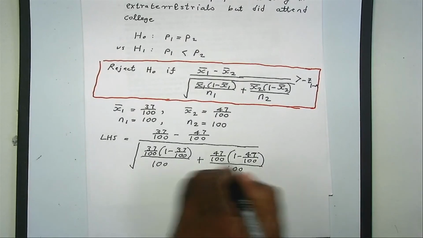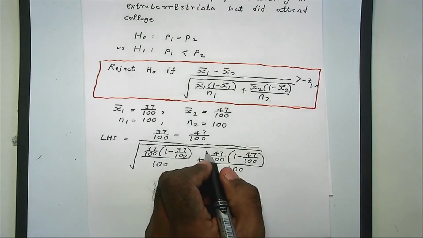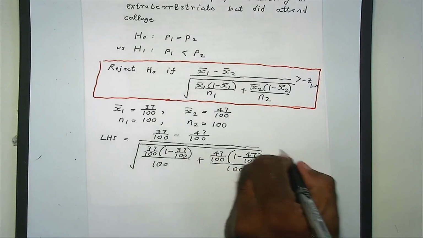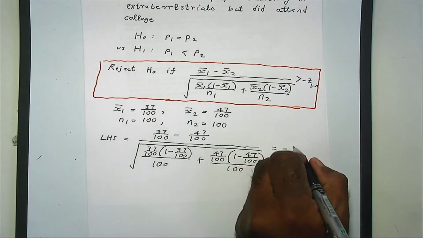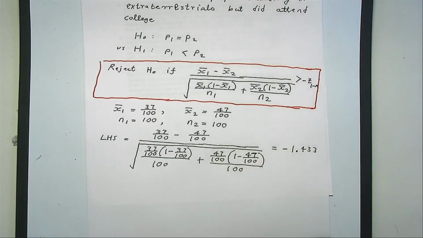The square root applies to the whole thing. Now, if you compute this, you will get minus 1.433. So that's the left-hand side.